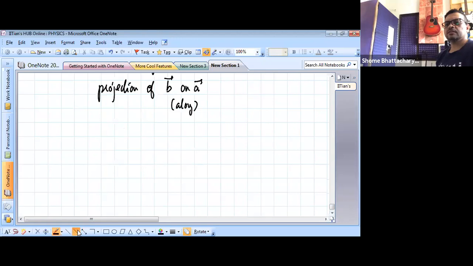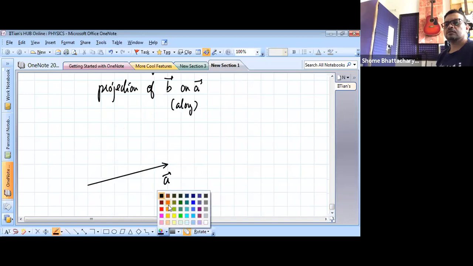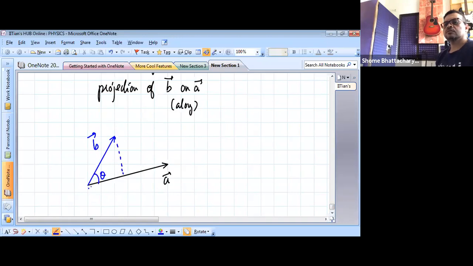You imagine that if this is your vector A, and this is your vector B, and you drop this perpendicular here. So this becomes the projection of B on A, let's say B parallel. So that has a magnitude of B cos theta, but its direction is along the vector A, so it's A cap.